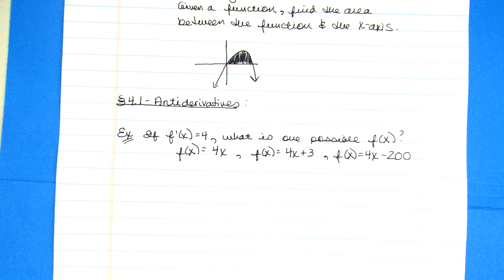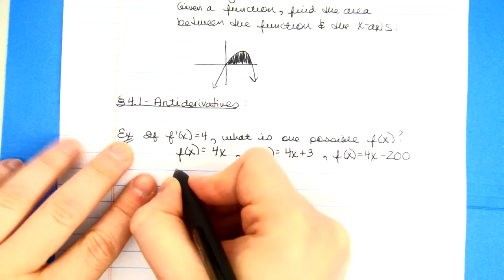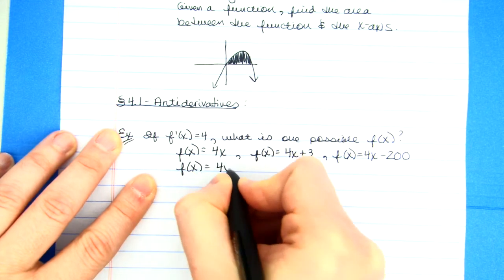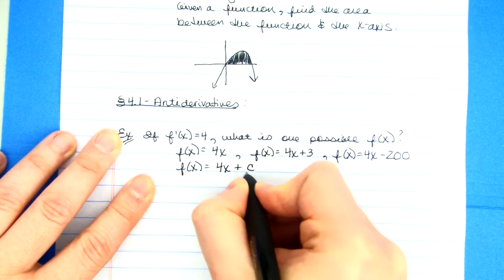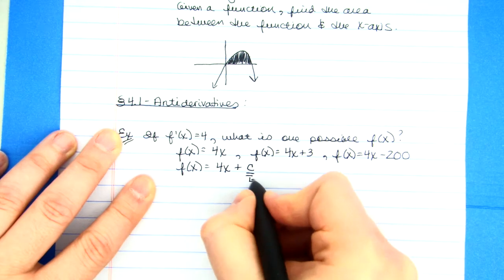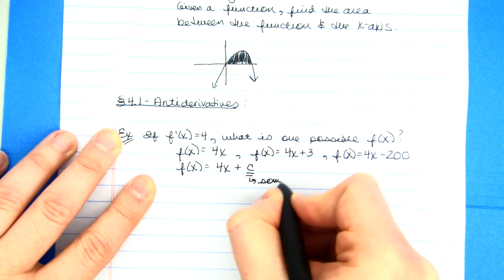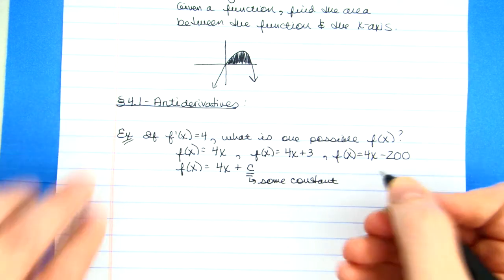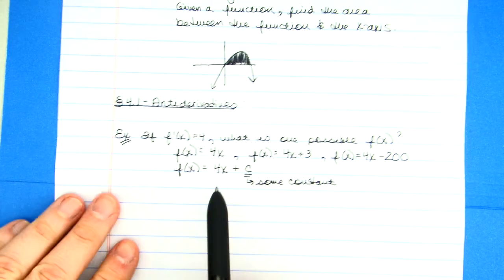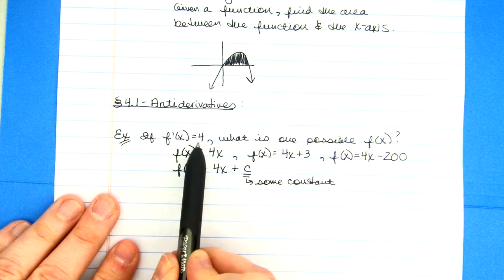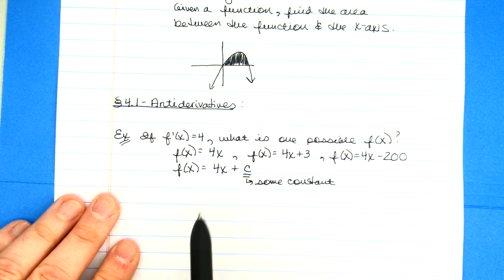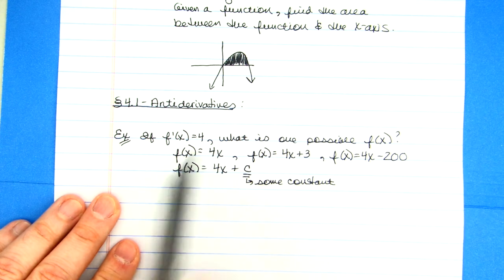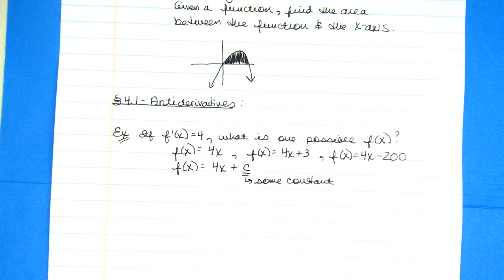In general, though, we can say that our solution is f of x equals 4x plus c, plus some sort of constant. Why? Well, we know the derivative of 4x is 4. The derivative of a constant is 0. So if you have any function in the form 4x plus a constant, your derivative is going to be 4.